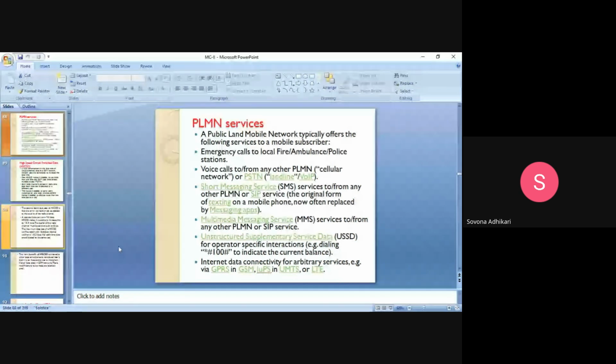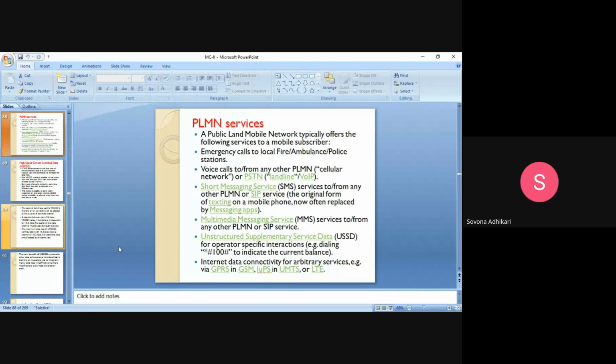Unstructured supplementary service data, USSD, is used for operator-specific interaction. You know that there are some USSD codes. For operator-specific interaction, that is dialing star hash 1001 to indicate the current balance.